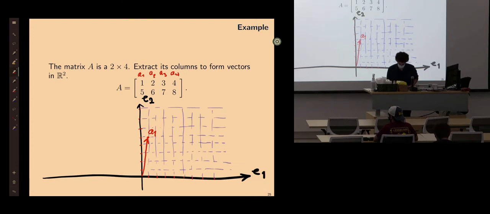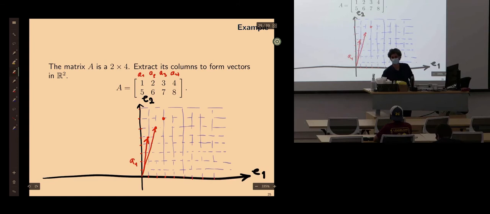Then 2 and 6. 1, 2, 3, 4, 5, 6, here. That was a bad idea. I think I took this example from Jesse, now I realize how it's ordered. It's 1, 2, 3, 4, 5, 6, 7, 8. It's 3 and 7.